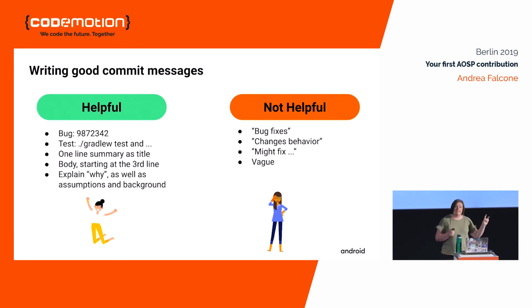It can't just be fixing a bug because that's what all of your reviewers are going to see. So make sure you include the bug that you're fixing, the test stanza. Be specific. Explain why you're making the fix, not just what it does, but why you needed to do that. And try not to be vague. You're much less likely to get reviews if people don't understand what the code that they're about to review is.